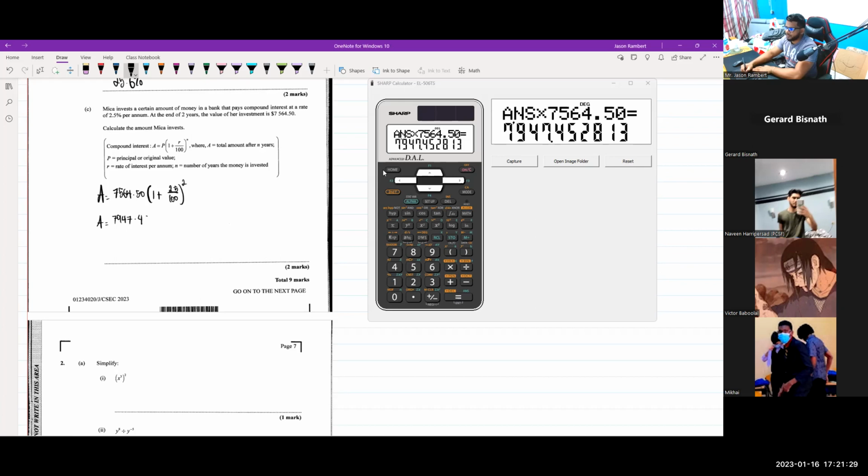7947.45. So the interest is going to be taking away both of them: 7947.45 take away 7564.50 gives $382.95.